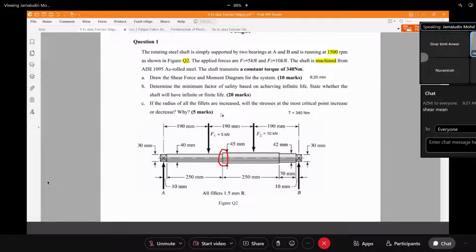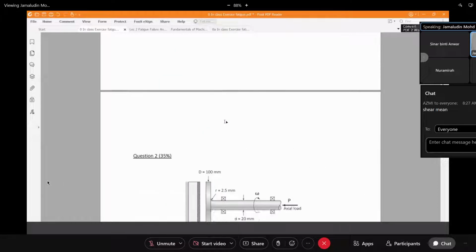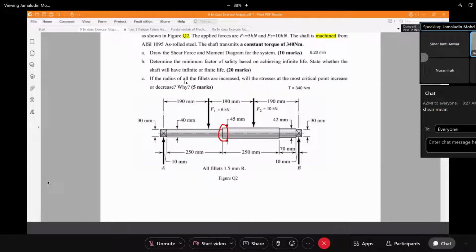an understanding question. All right. The same goes here. Answering the question. Let's say the first one will be, if the radius of the fillet is increased, that means when the radius of the fillet increases, the stress at the critical point increases or decreases. Reason why. You have to give a statement, okay, why? You don't have to calculate that, but you just have to give your argument.